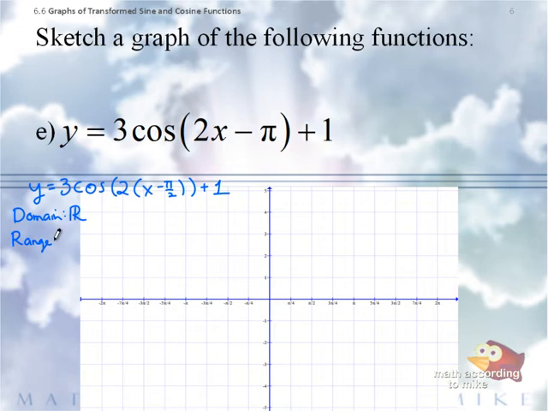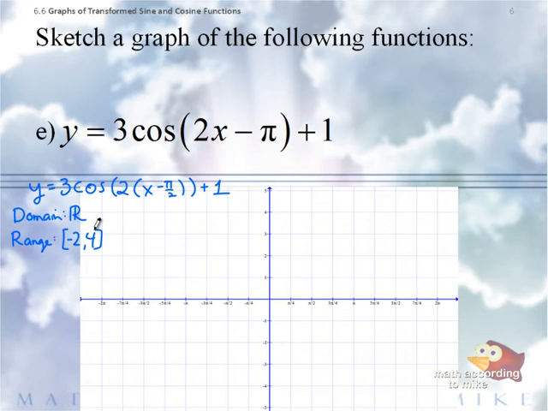The range is affected by A and D working in tandem. So the original range is -1 to 1. A will make it -3 to 3. Okay? And by moving up 1, we'll be at -2 to 4. Questions on that?